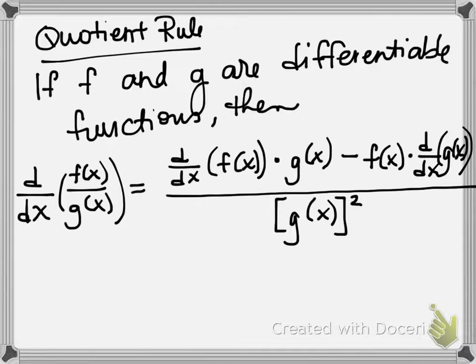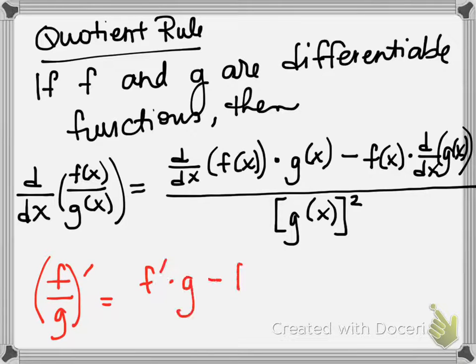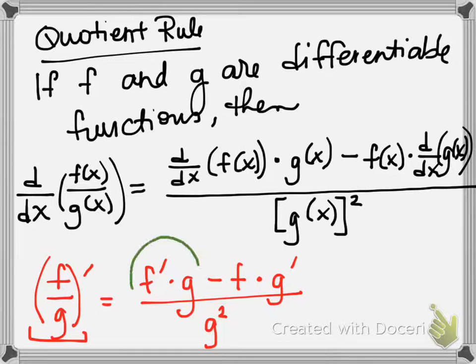Let's actually write this with the prime notation, and maybe it'll be a little bit cleaner. So here on the left, we have the derivative of the quotient, f over g prime. And now in the numerator, notice I sort of start the same way as the product. I take f prime times g by itself.